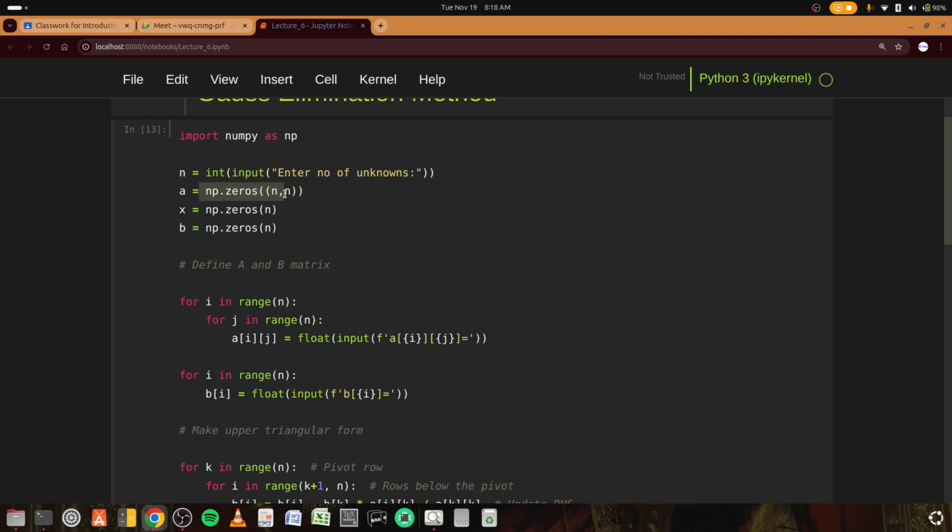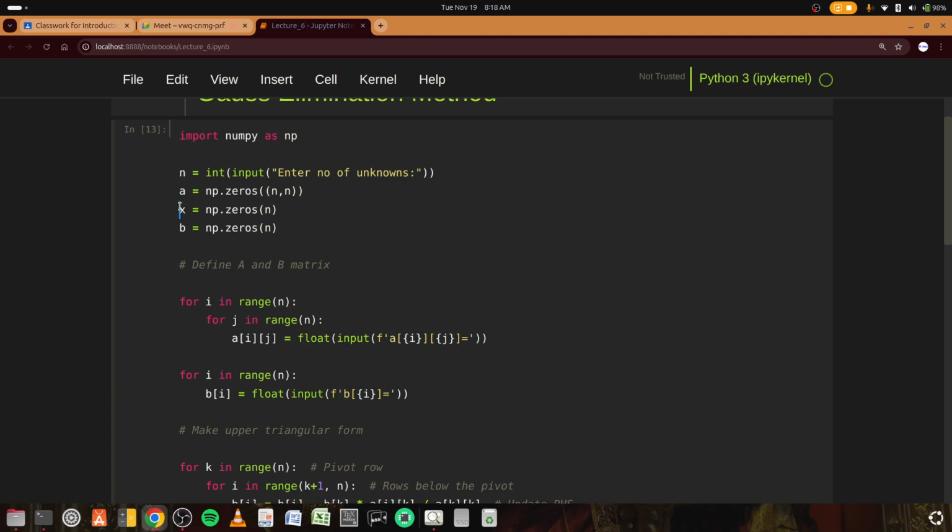So here we are initializing a coefficient matrix having all the elements as 0. np dot zeros, n comma n means if n is 3, it will give you a 3 cross 3 matrix with all the elements as 0.